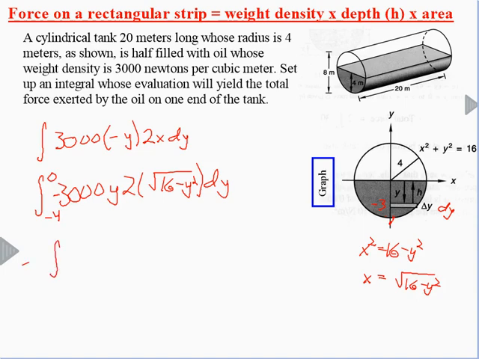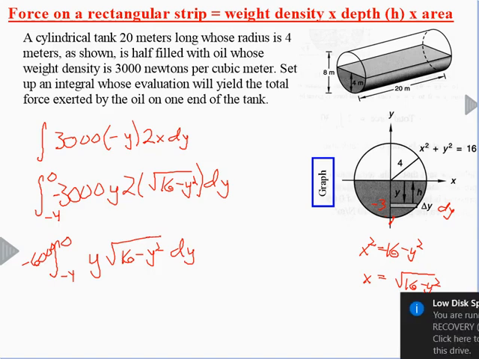We could put the negative 6,000 out here. Negative 4 to 0, and then we have y times the square root of 16 minus y squared dy. So there is the integral that we could evaluate. It doesn't ask us to. We should know how to do that with not too much difficulty by now.